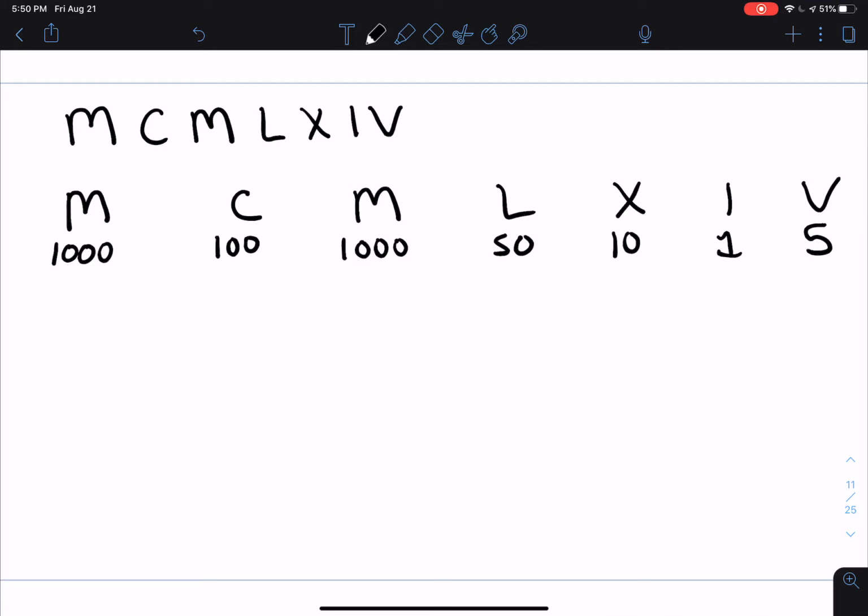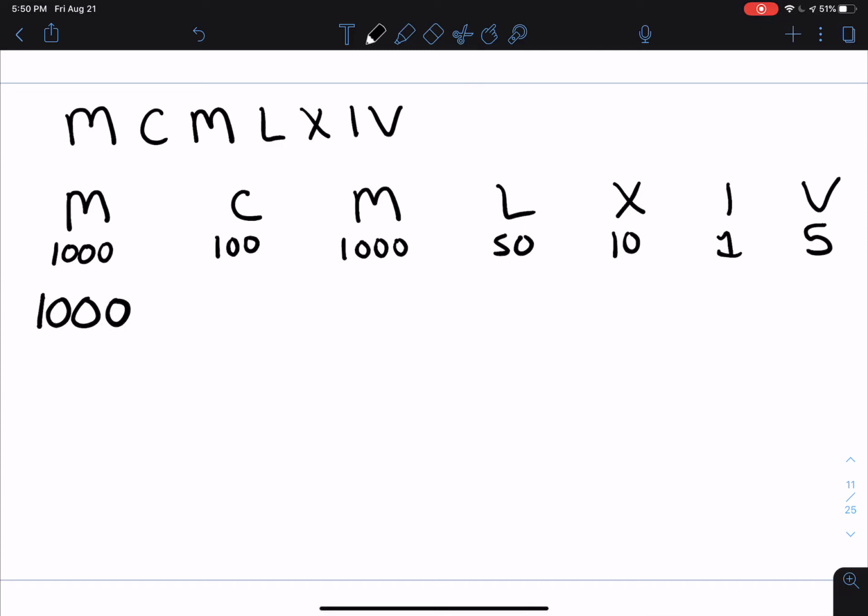But notice that they don't go entirely larger to smaller. If they go larger to smaller, then you add. But as soon as something goes smaller to larger, you're going to subtract those. Okay, so in this case, the M being 1,000 is fine. We'll stick with that.